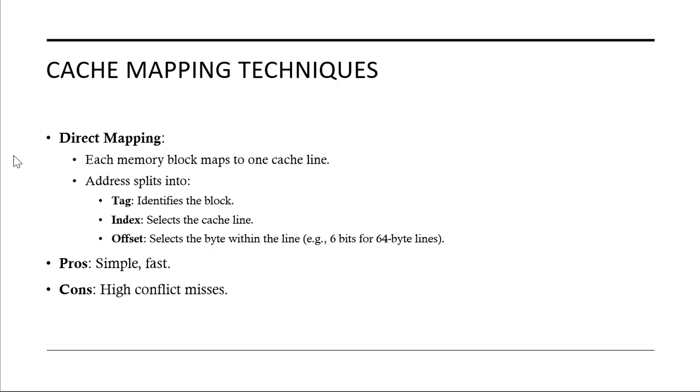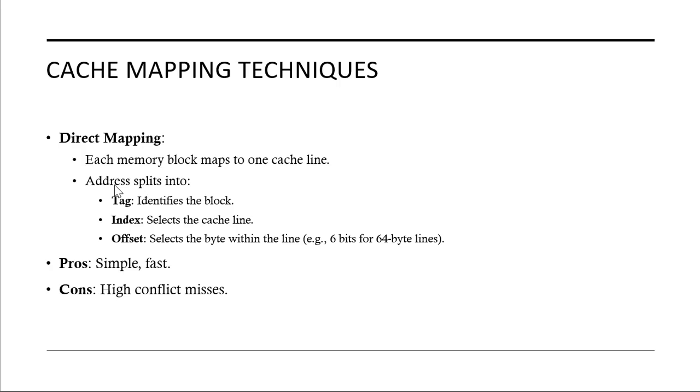Here we are going to be looking at the cache mapping techniques. In cache mapping techniques, we have three different types of mapping. First is the direct mapping. In this one, each memory block maps to one cache line.